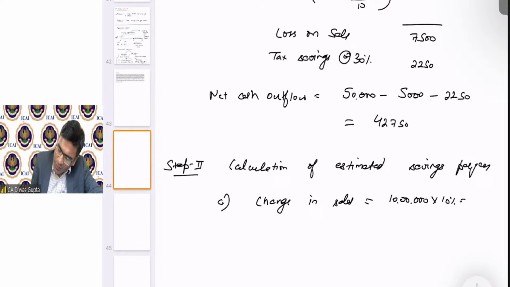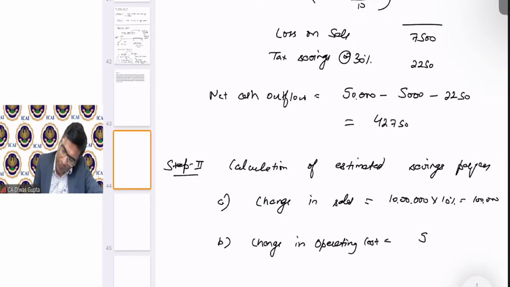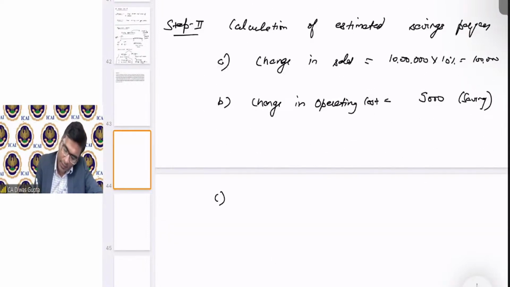Which is perfect. Then B will be in operating cost. So we said there is a saving of 5,000, right? This is also a saving. Then C, incremental depreciation.